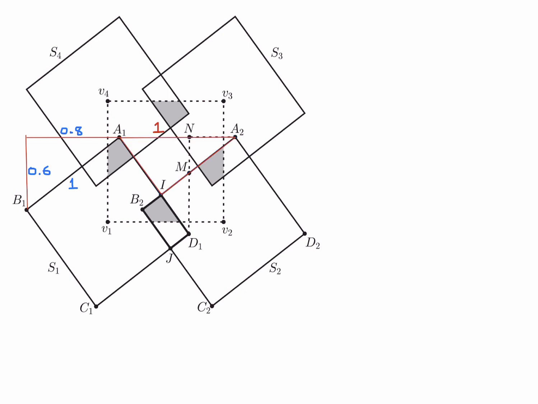It's basically going to be a similar triangle, since this is a right angle, this is a right angle, and the other two angles will also be the same, right? Because this is a right angle, and whatever angle this is, this is going to be 90 minus x, and therefore this is x, and then therefore this is 90 minus x. So those are indeed similar triangles. So since they are similar triangles, this distance from here to here is going to be 0.6, and this distance from here to here will be 0.8.